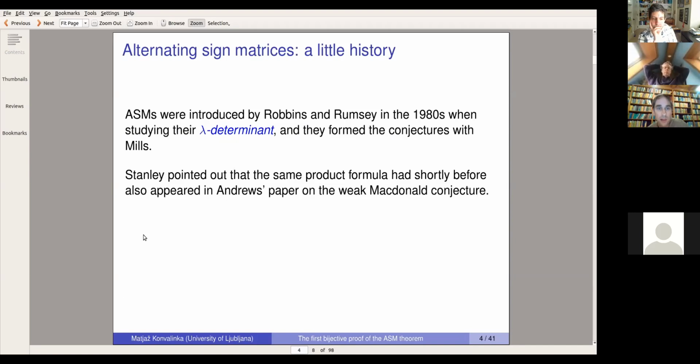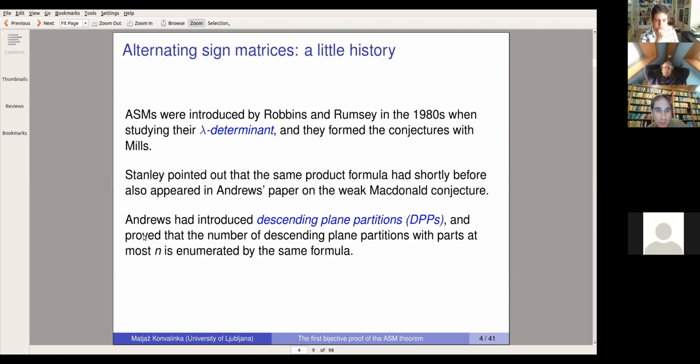And Stanley pointed out that the same product formula had shortly before also appeared in Andrews's paper on the weak Macdonald conjecture. So you have the same formula for two very different objects. In that paper, Andrews introduced descending plane partitions. I will define them a little later. And he proved that the number of descending plane partitions with parts at most n is enumerated by this formula.